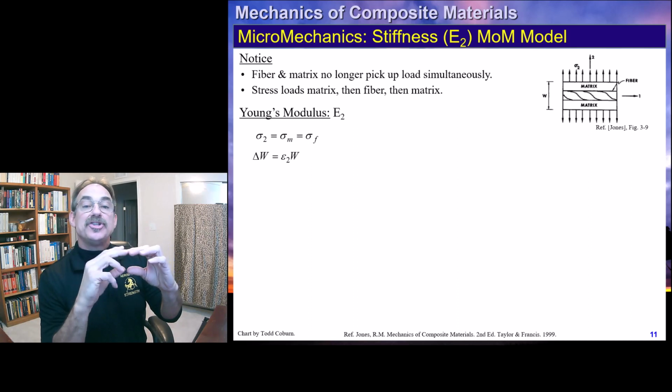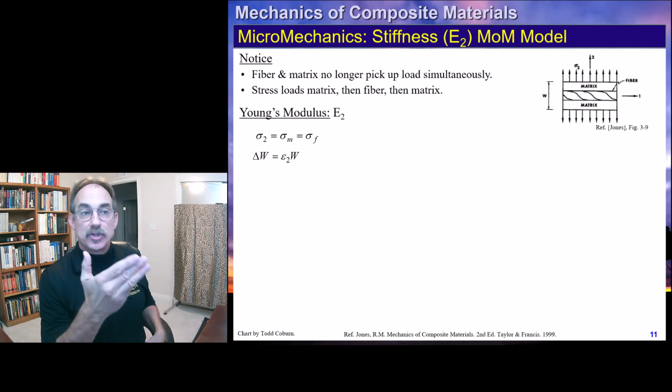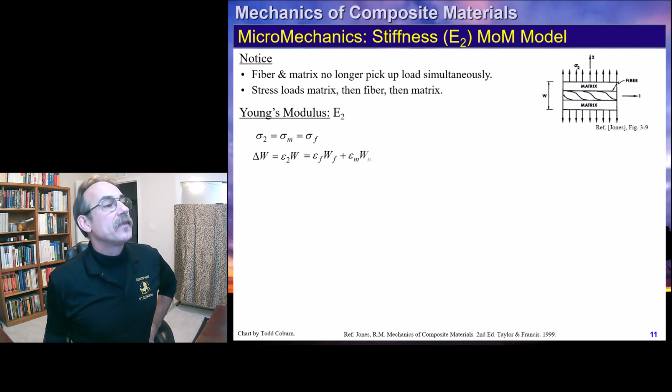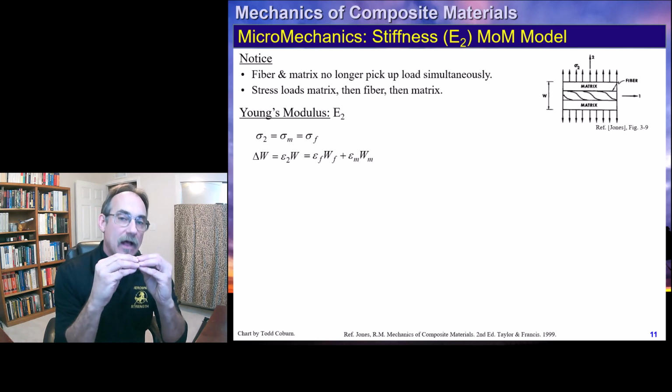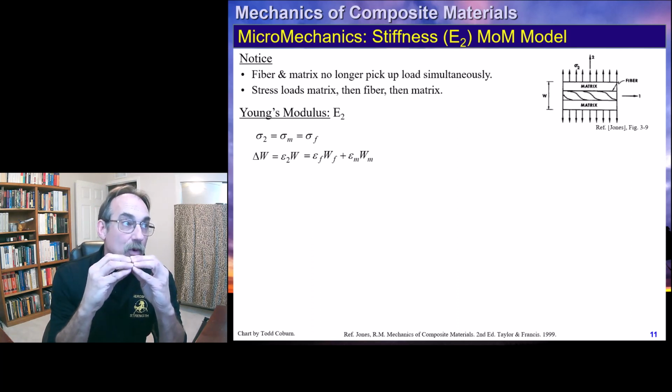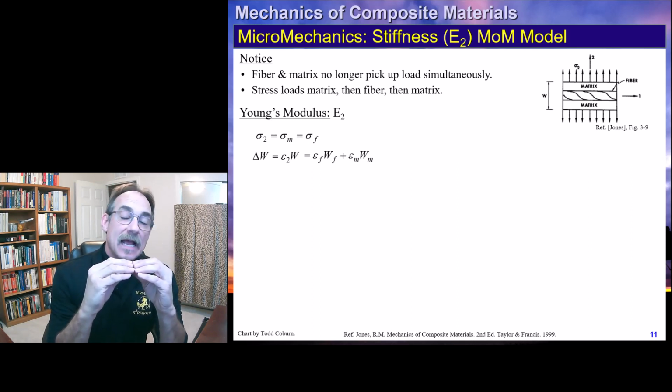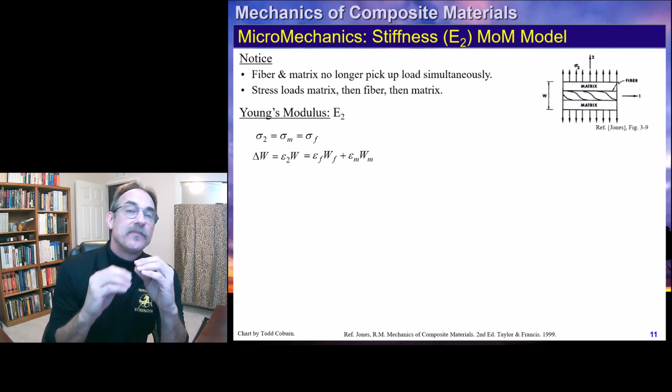So we can write the change in width is just the strain in the 2 direction times the original width. And that means we're going to have a deflection of the fiber, which is the strain of the fiber times the width of the fiber, and a strain in the matrix times the width of the matrix.